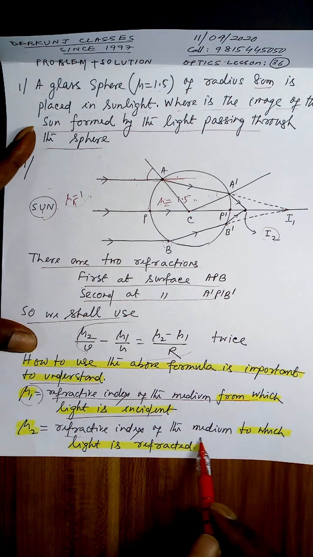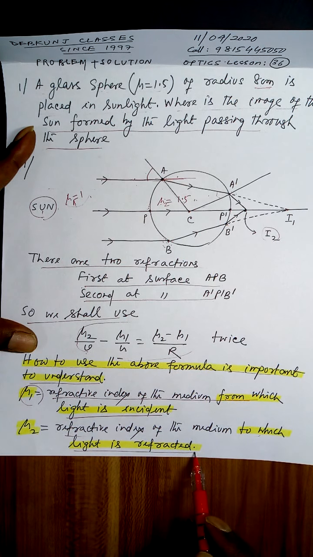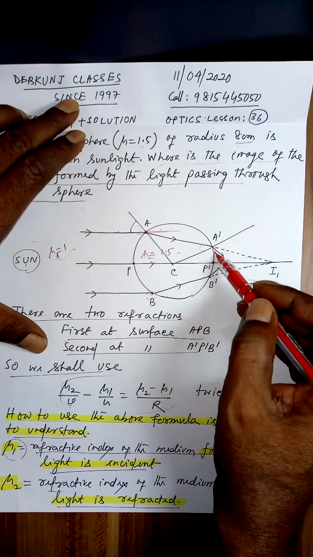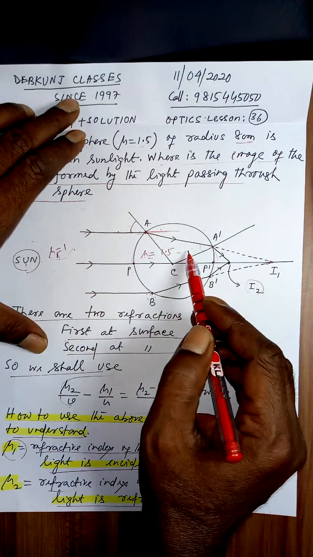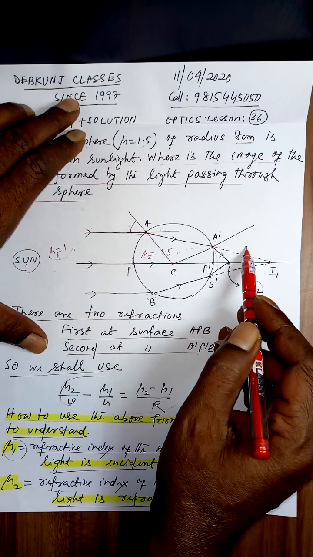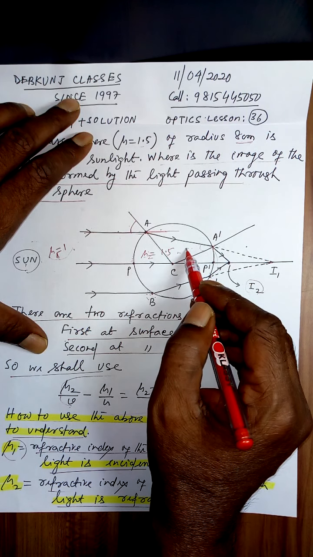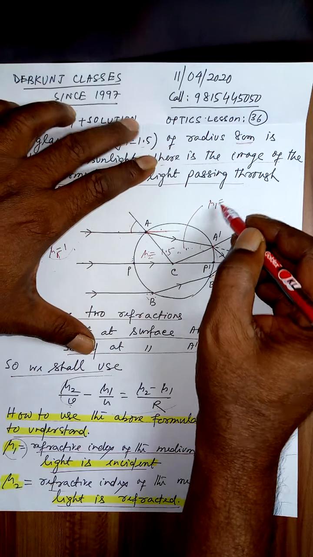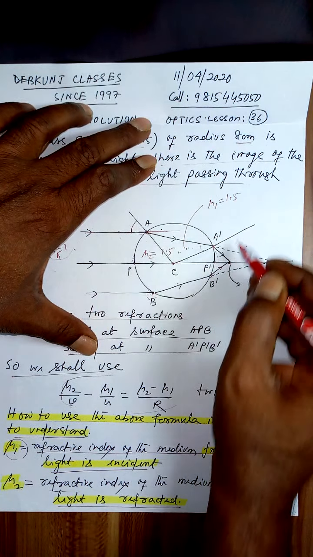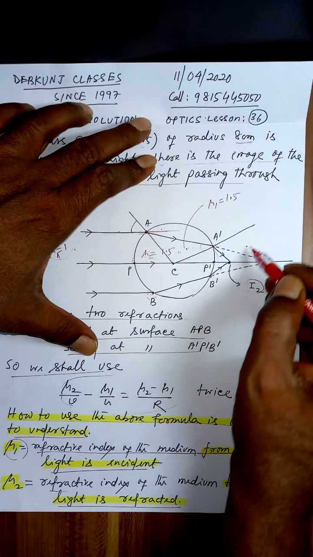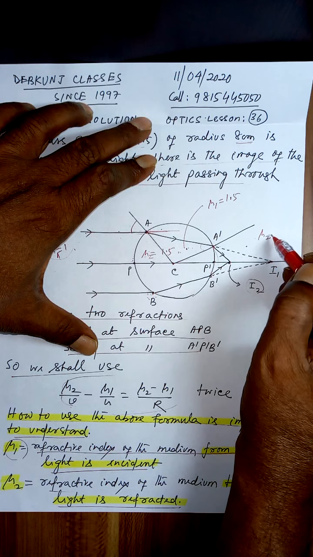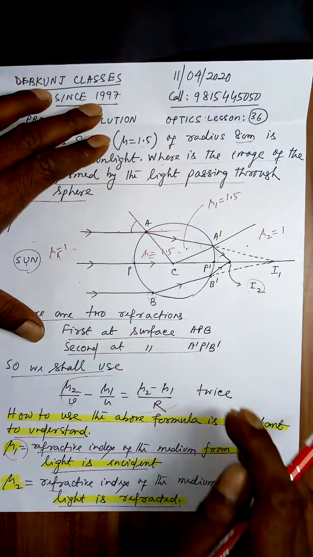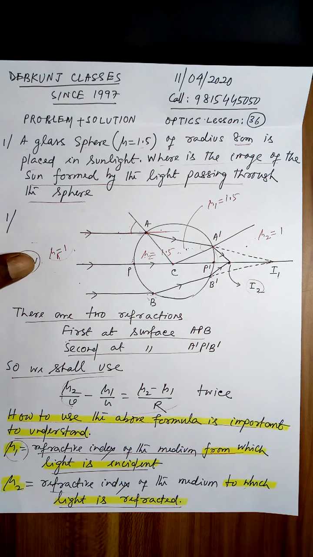Mu2 is the refractive index of the medium to which light is refracted. Now, while considering the refraction here, light is incident from this medium to this medium. So this will be considered as mu1, whose value is equal to 1.5, and this side will be considered as mu2, that is 1, because this side is air.